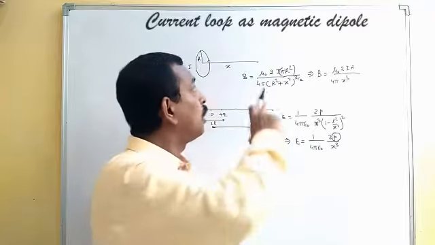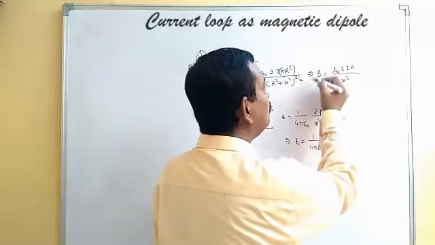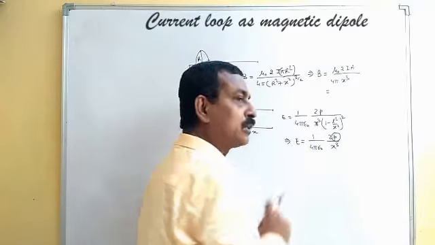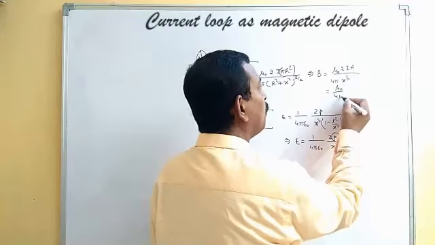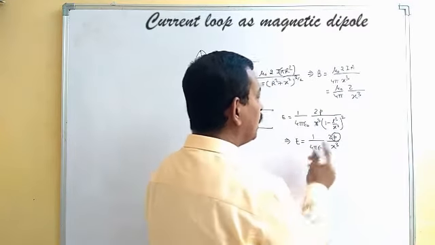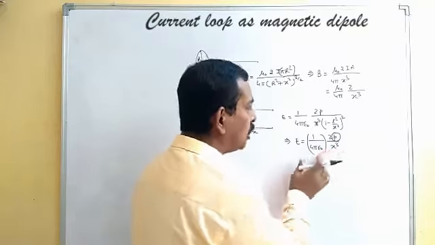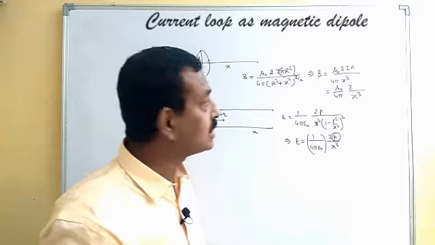Now, if you just compare this relation, here you have the expression B, which is the magnetic field intensity, and this is your mu naught by 4 pi 2 IA by x cube. 1 by 4 pi epsilon naught is constant in case of the electric dipole dealing with the charges there.